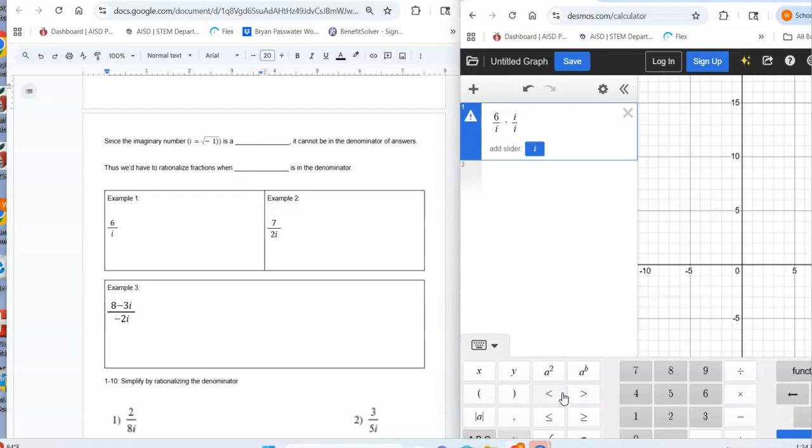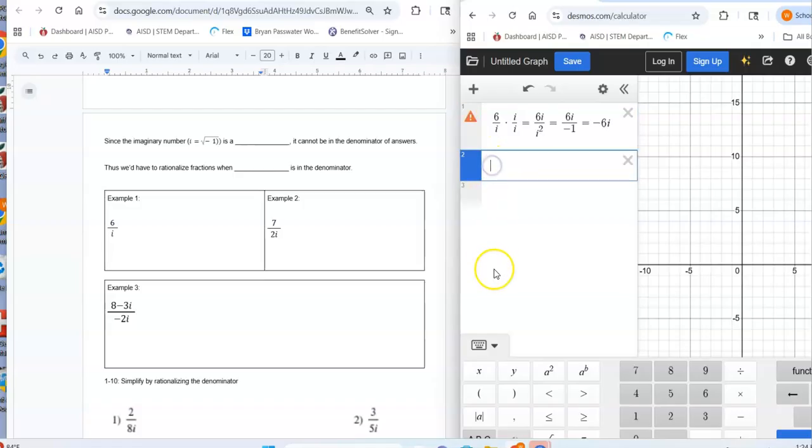And when you do that, the top part just becomes 6i for now. Now, if you go back to last class, I told you what happens when you get i squared. Well, i squared means the square root of -1 times the square root of -1, so that actually becomes -1. So now I have 6i over -1. And you can actually do 6 divided by -1, and the answer would be -6i. That'd be the answer for example 1.